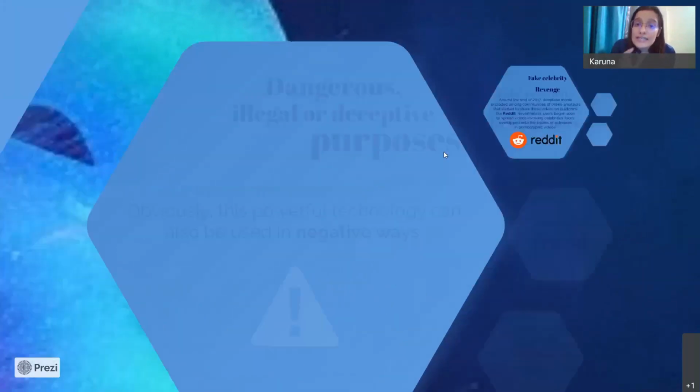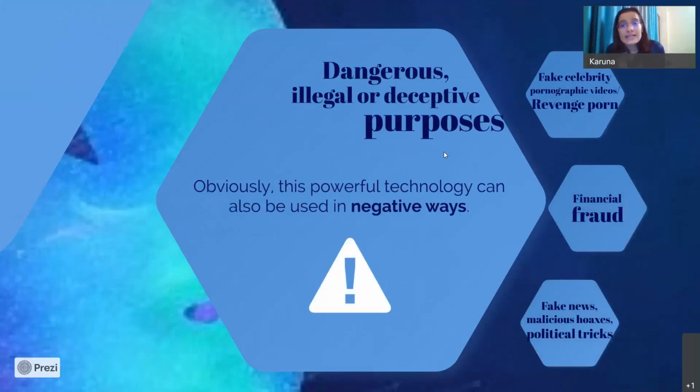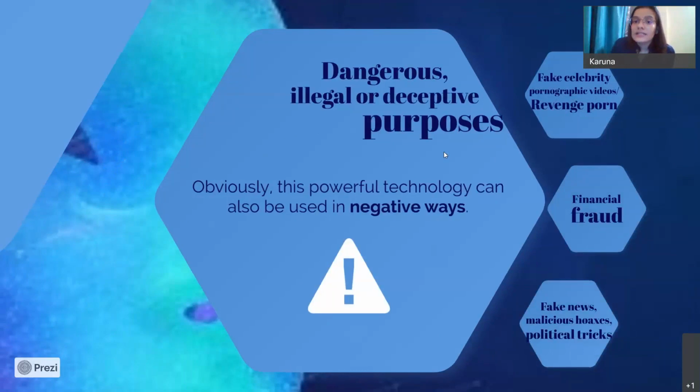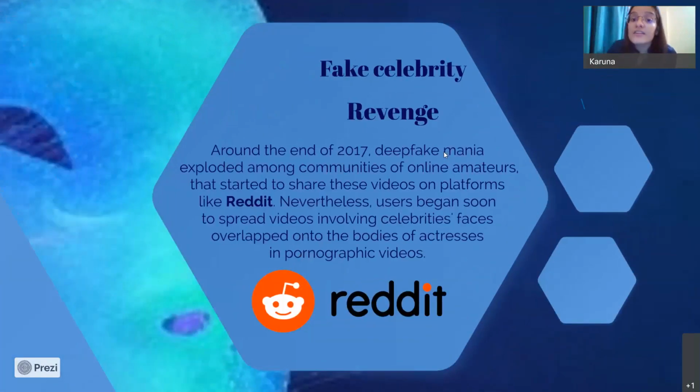But there's one dangerous, very illegal and deceptive side where it is being used. And technology always has its pros and cons. So the dangerous side, the illegal side, the negative ways where a technology becomes more powerful. That's the first thing: celebrity videos made for revenge. It is actually a current scenario, where things happened at the end of 2017.